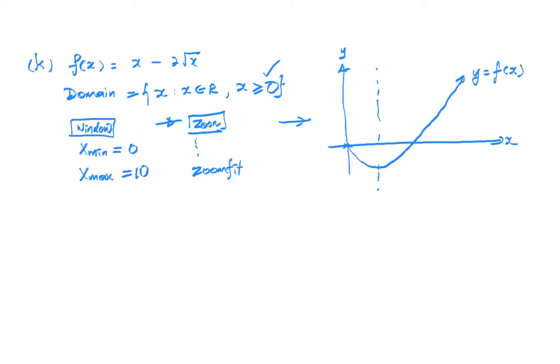Okay, so what you need to do is you count the coordinate of this turning point. Can you please go to your GC and get the coordinates of this turning point, and tell me what is the coordinate of the turning point?